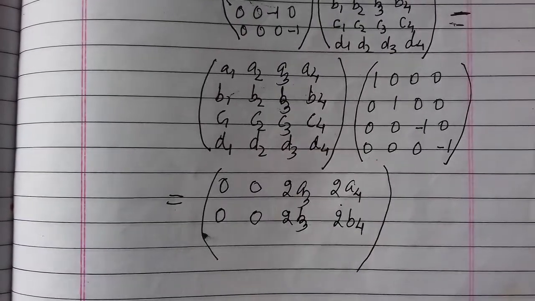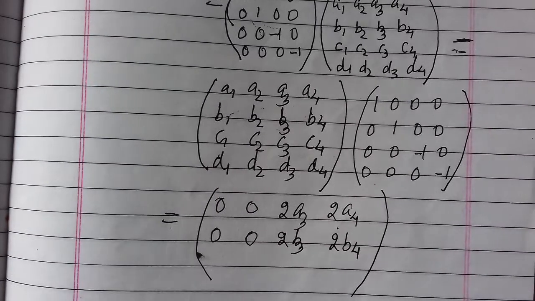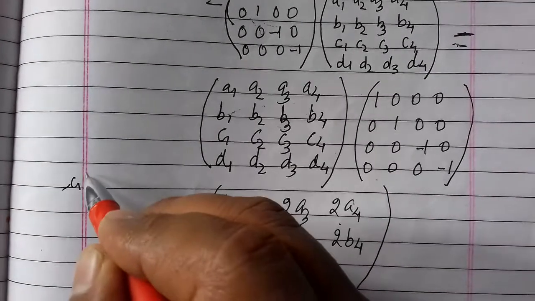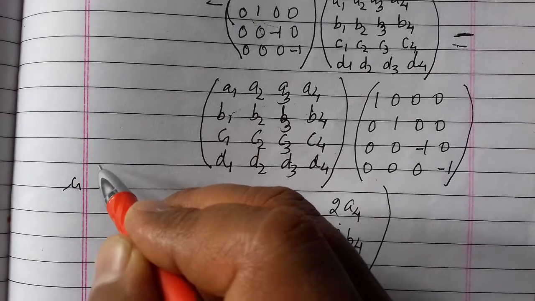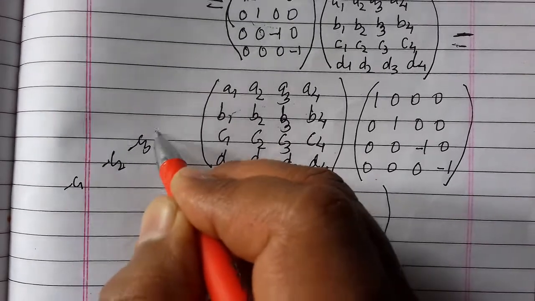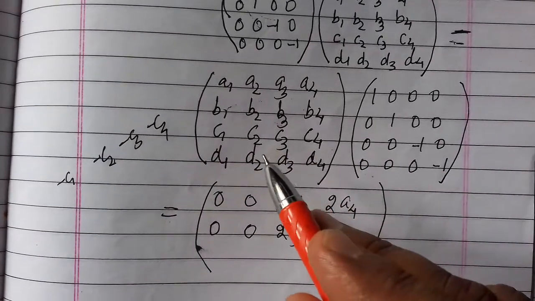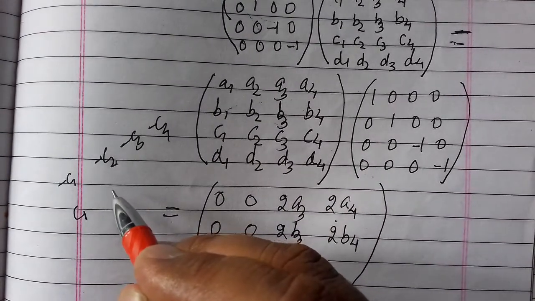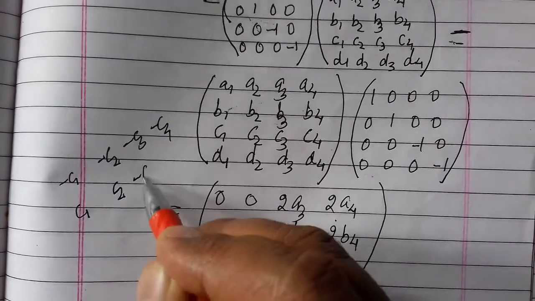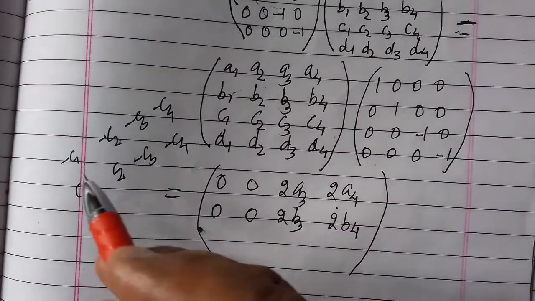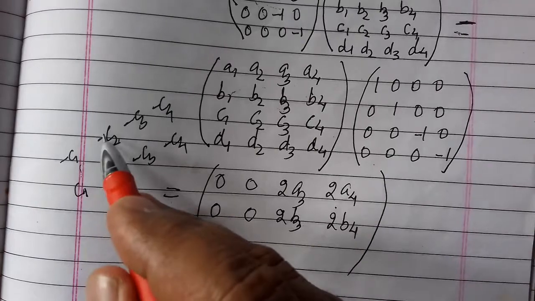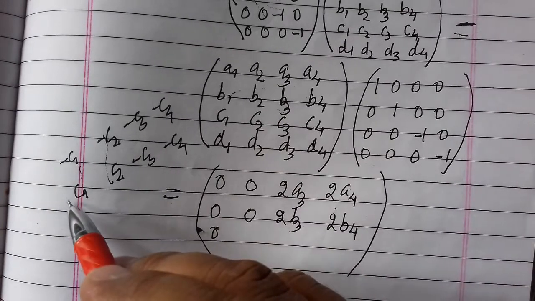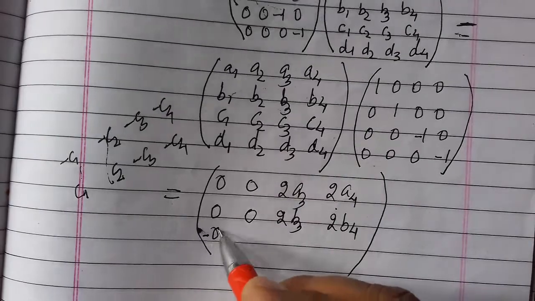And now we go for the third row. In the third row you have minus c1, minus c2, minus c3, minus c4, and in this, for the third row, you have c1, c2, minus c3, minus c4, and if you subtract, then the subtraction will be minus c1 minus c1, minus 2c1.